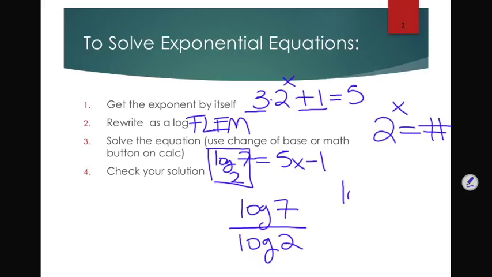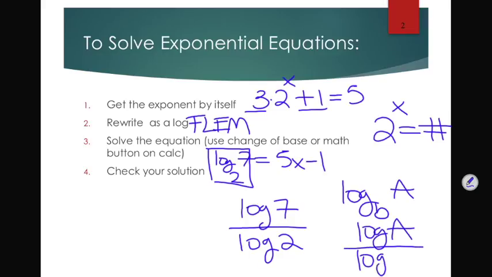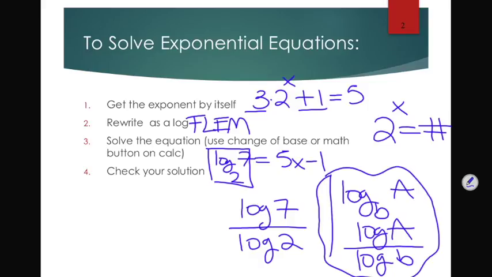If you don't have that in your graphing calculator, you'll have to use change of base. So just some reminders, log base b of a is going to be equal to log of a, the number inside the log, divided by log of b, the log of the base. So if you have the change of base in your calculator, plug it in with the math button. If you don't, remember this change of base formula right here.